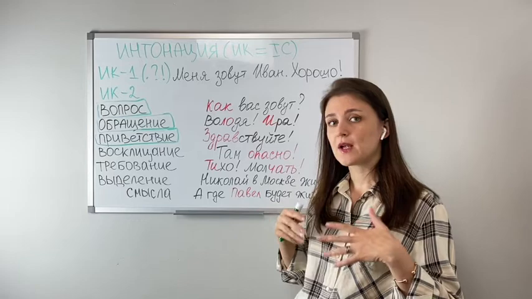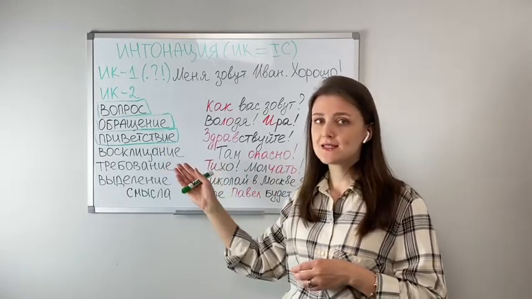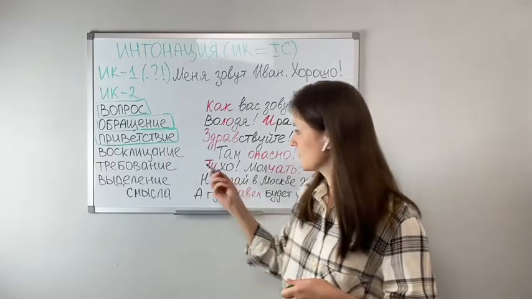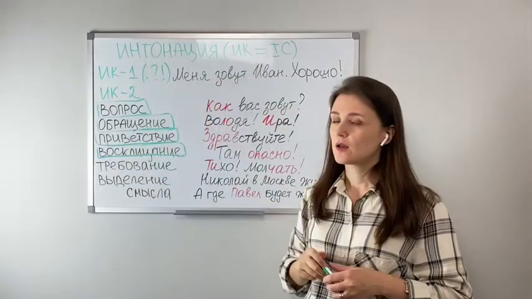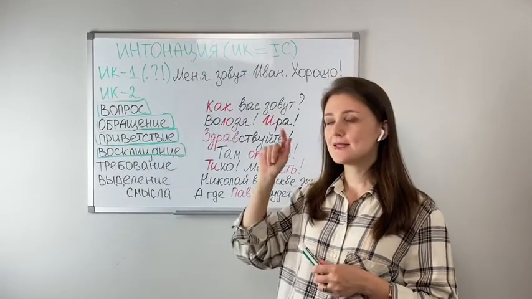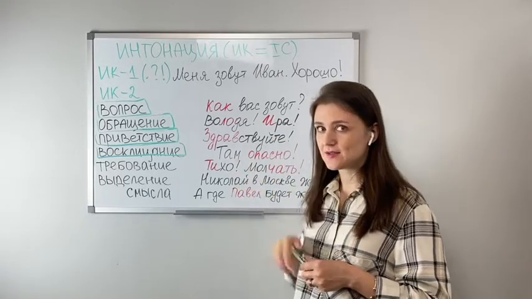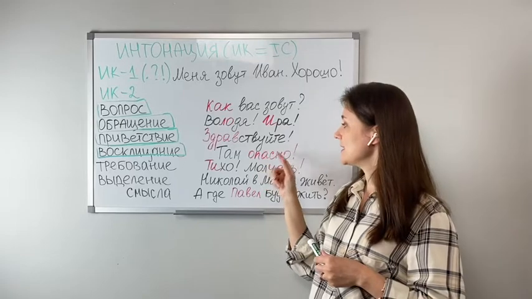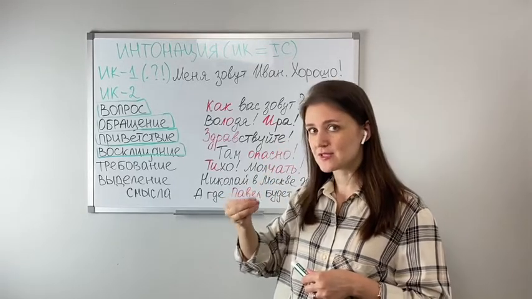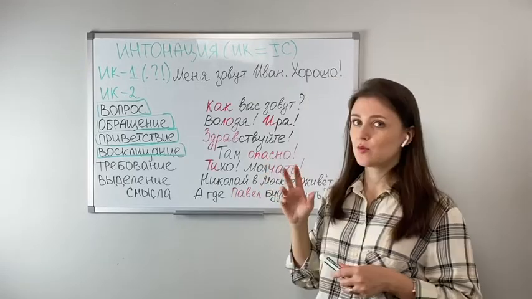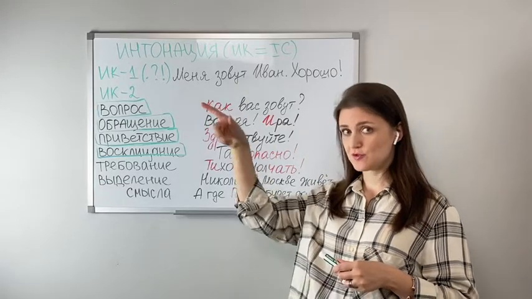Then we use this intonation construction when we have exclamations. In Russian it is восклицание. We can say, it's dangerous over there. Там опасно. So we stress the second word, опасно, dangerous, because we want to give the information to a person that it's dangerous there.